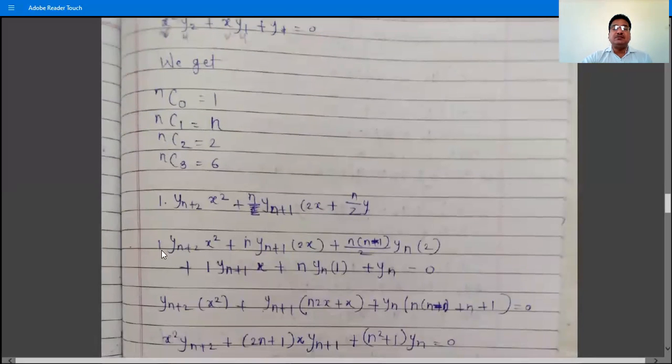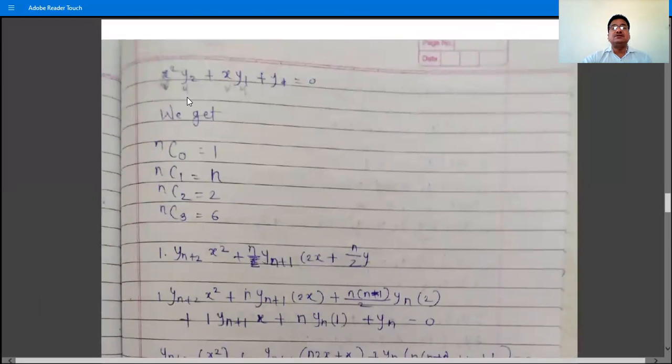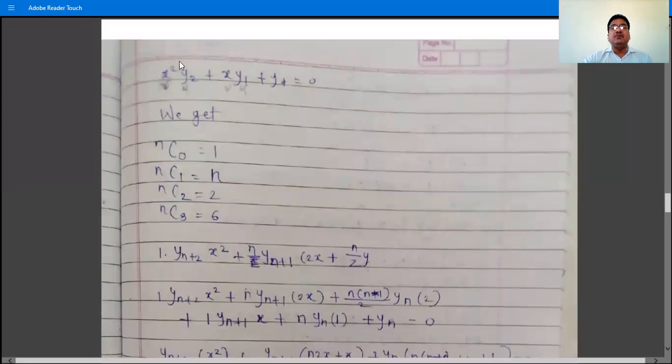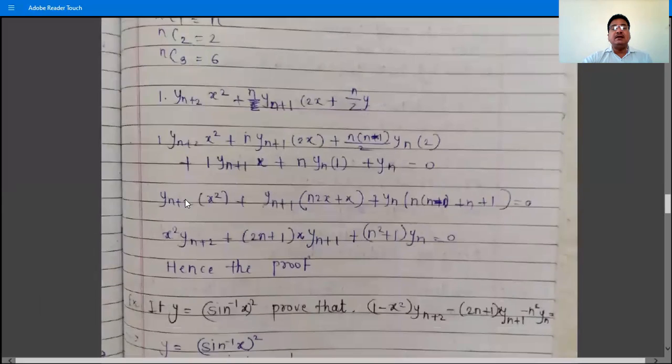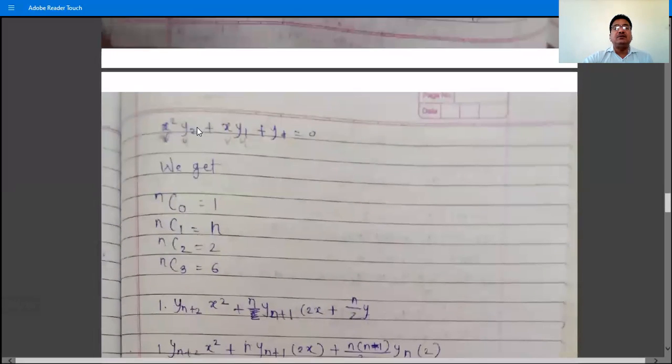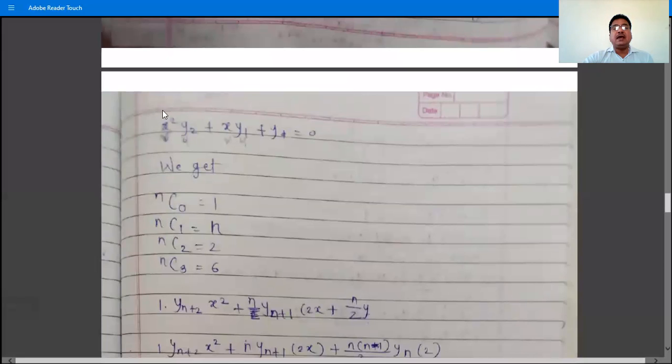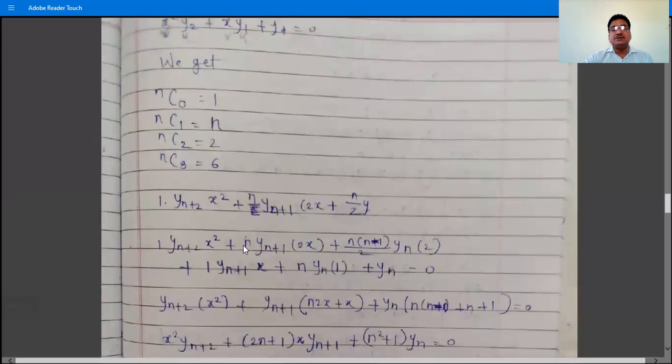So the first term is what? nc0, that is 1. Then u n means the derivative of y2 of nth order. So it is y n plus 2. Nth order derivative of y2 is what? N plus 2 order. x square, v as it is, means x square. Plus next term nc1, value is n.